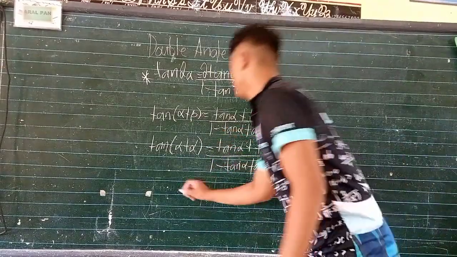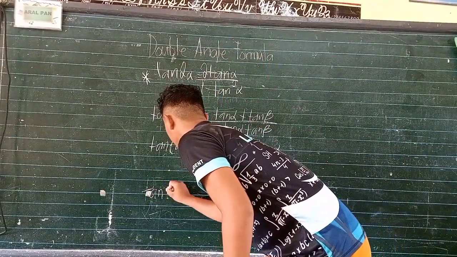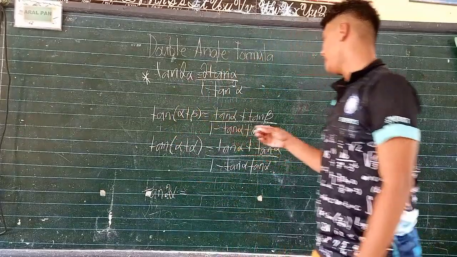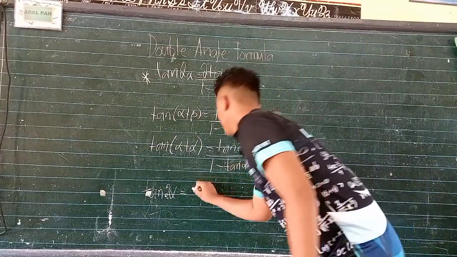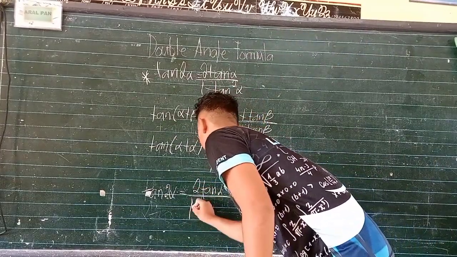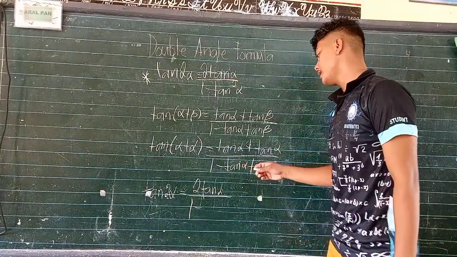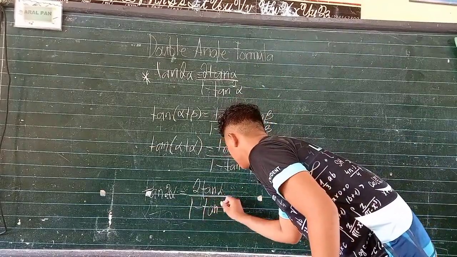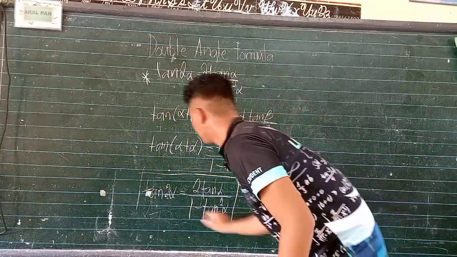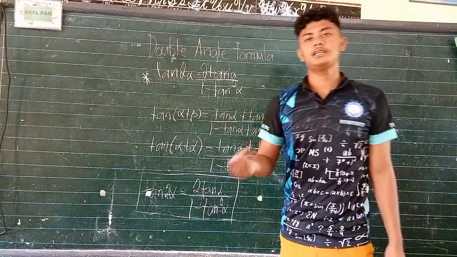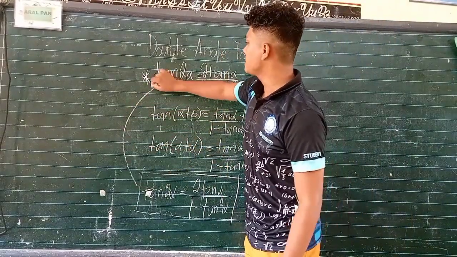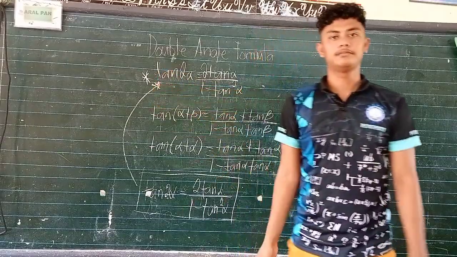Alpha plus alpha is equal to 2 alpha, so tan 2 alpha equals tan alpha plus tan alpha, which is 2 tan alpha over 1 minus tan squared alpha. So this is how you derive the last formula for the double angle.